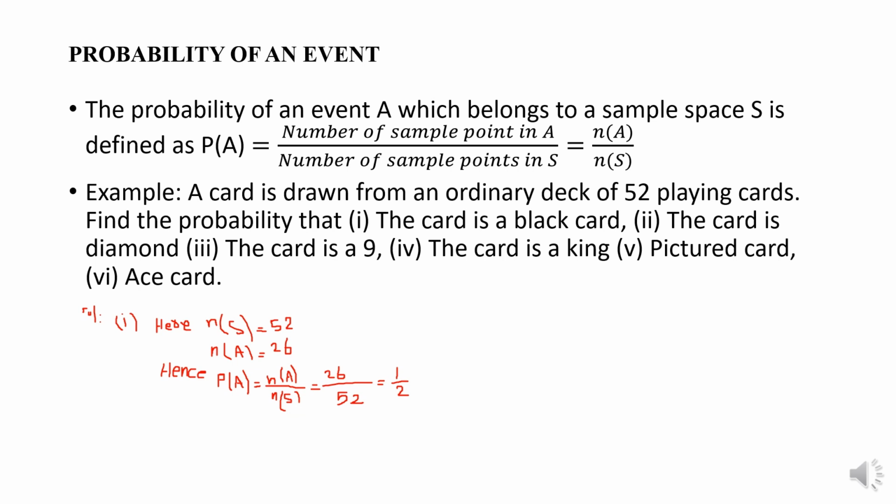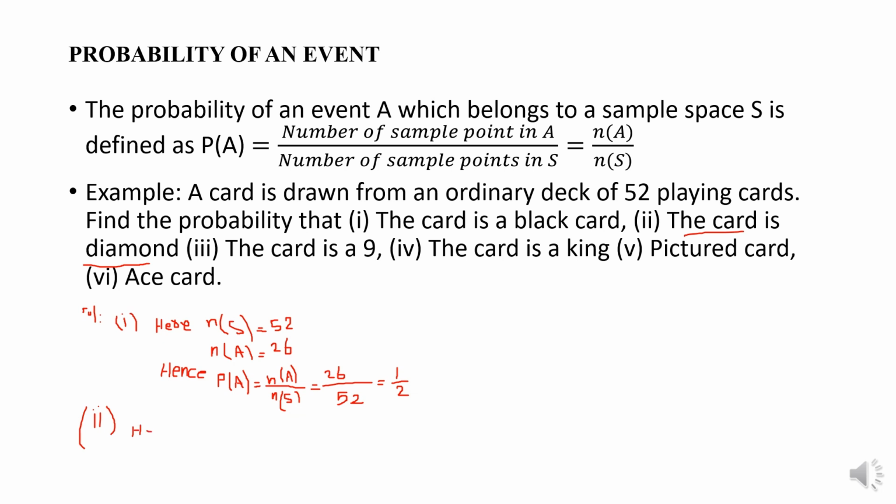The second one is the card is a diamond card. Let B be the event that a card drawn is a diamond. The number of diamond cards is 13, so the number of outcomes favorable to the event B is 13.